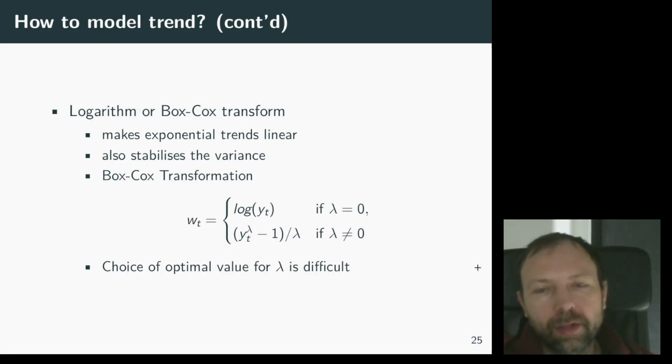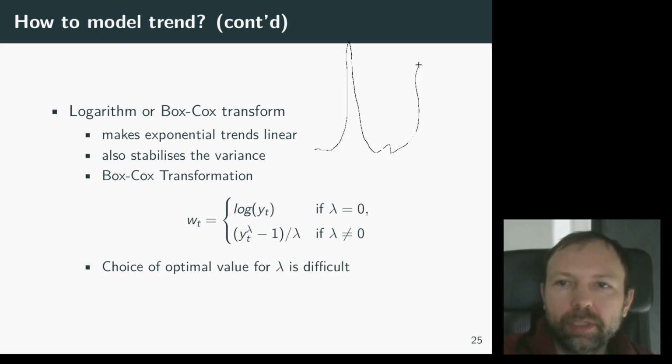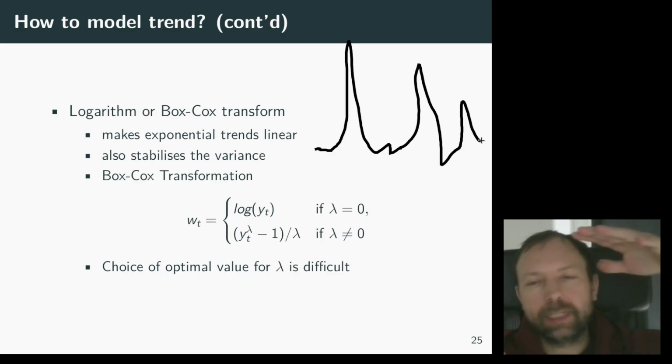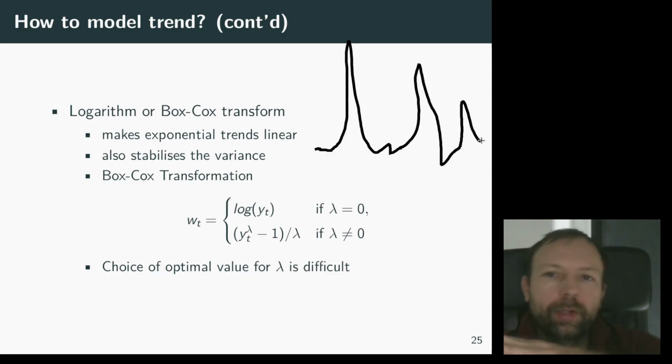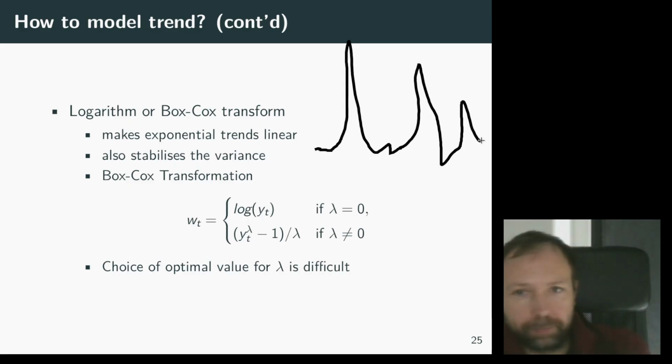But the thing is that the logarithm is a very strong transform. What does that mean? Let's say you have a series with very different values. Now you do a log transform, everything gets squashed together a lot. So now you have very small errors in your log space.